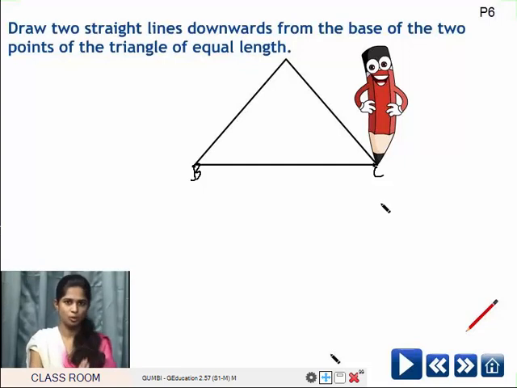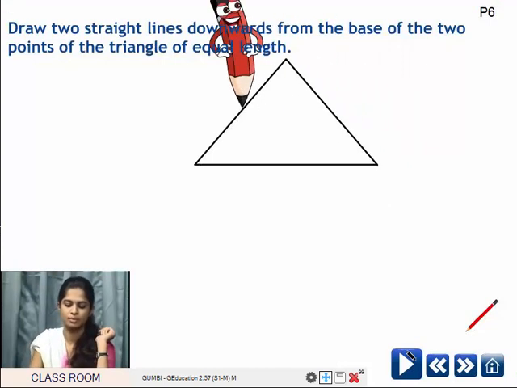This is the point B and this is the point C. From these two points, you have to draw two straight lines downwards and those straight lines should be parallel and they should be of equal length. So you are drawing two straight lines, that is parallel lines and equal in length.